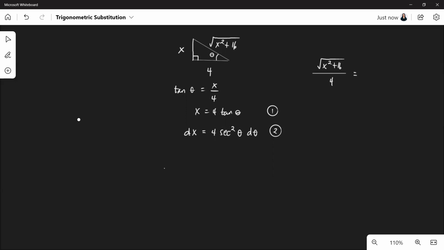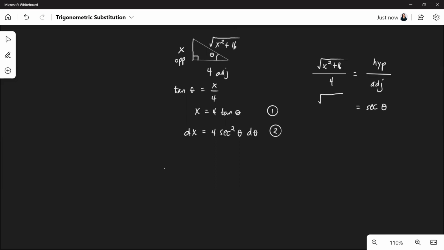It's a ratio of the hypotenuse and 4, the adjacent side; this is the opposite side. So this is hypotenuse over adjacent, which is the reciprocal of cosine. So this is secant theta.